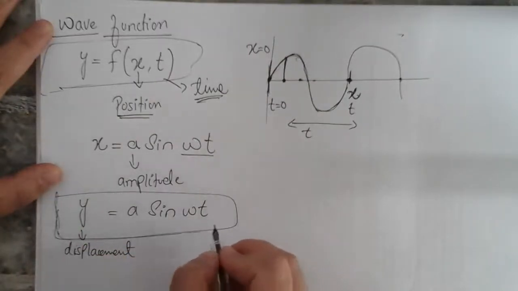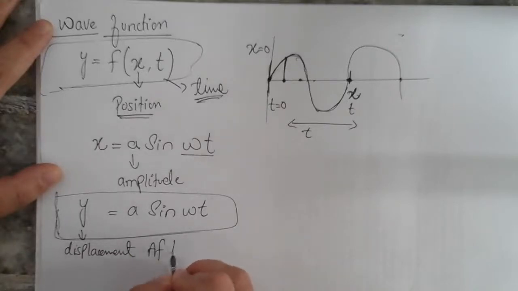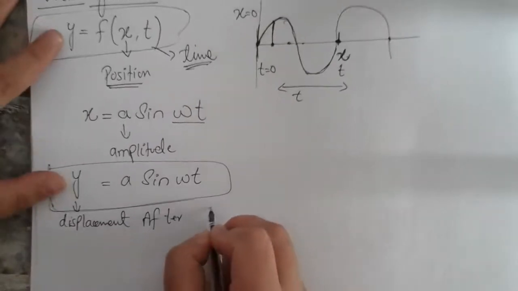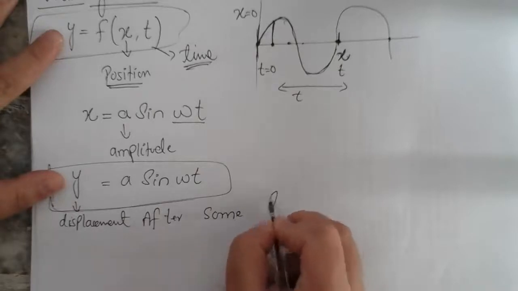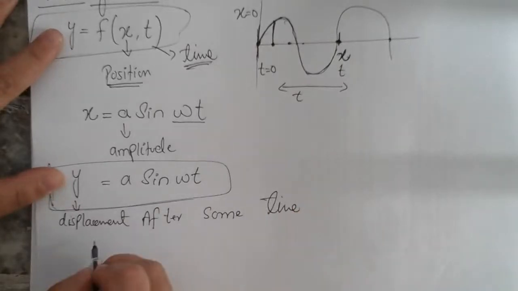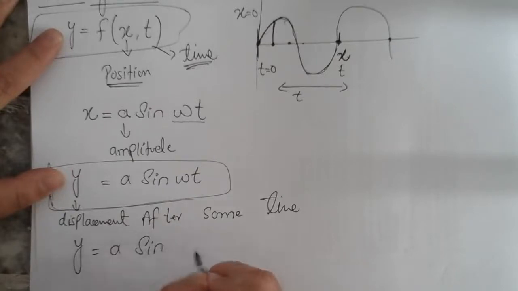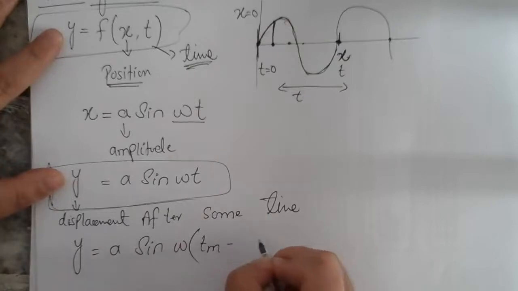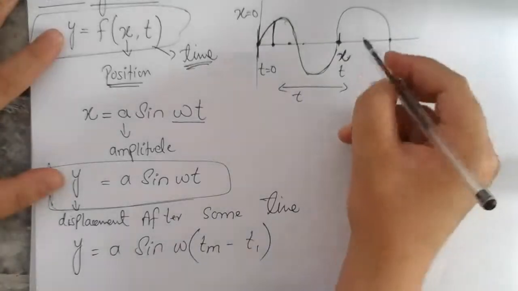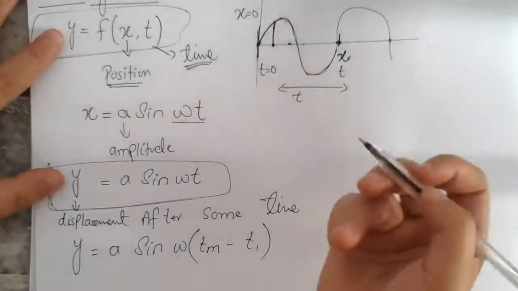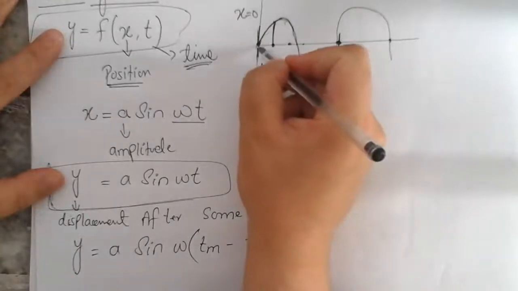Now omega t, after some time this wave motion will reach time t1. So this is the final time or t, and this is the initial time.